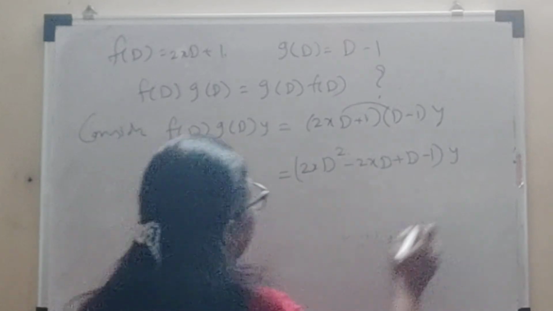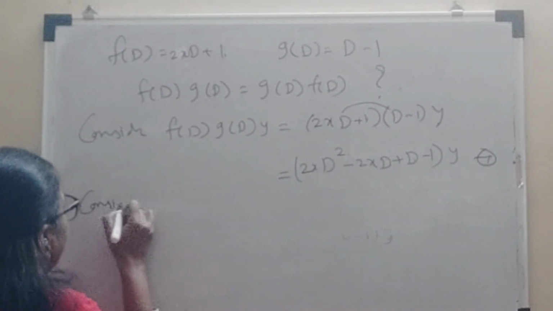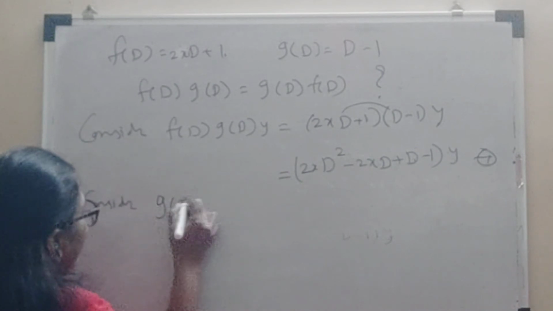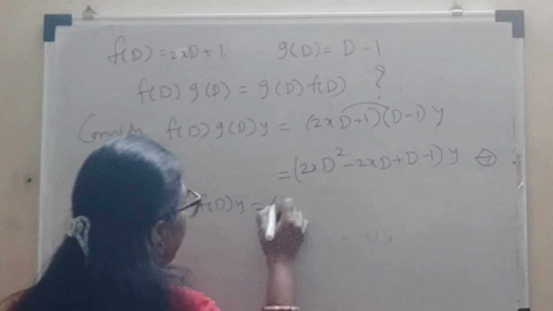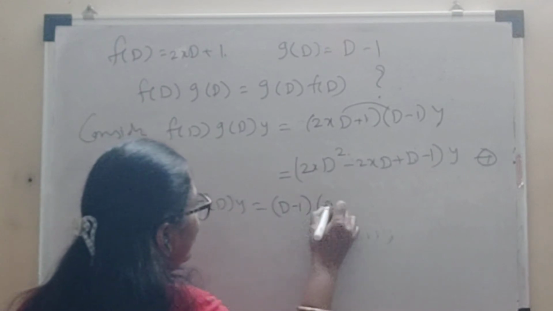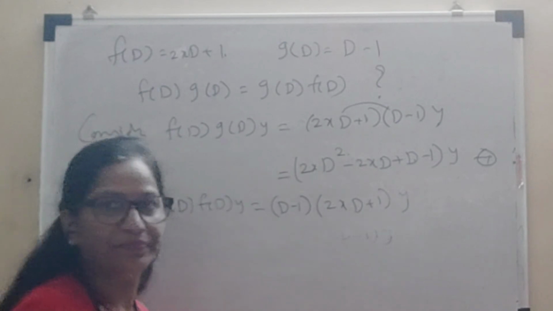I will call this equation 1. Now consider g(D) into f(D), and that operates on y. That is nothing but (D minus 1) into (2xD plus 1) operates on y.